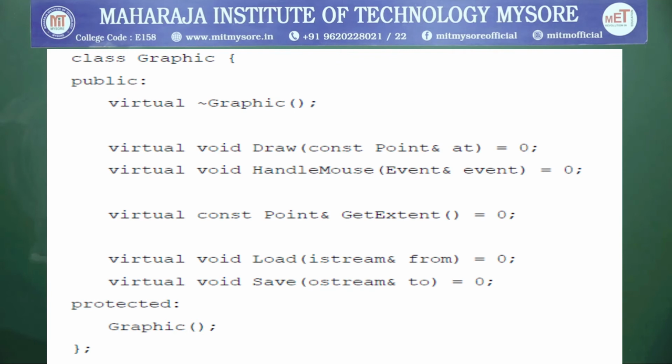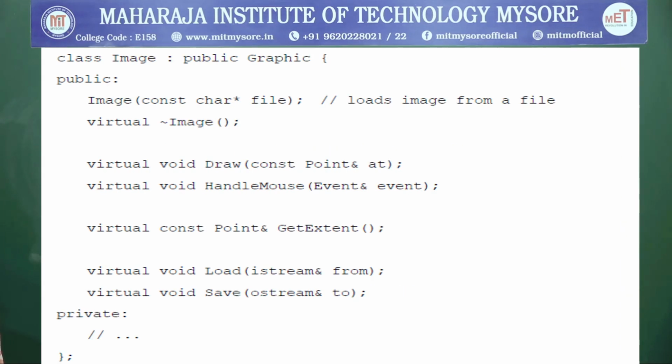You have a class Graphic, within which you have a destructor, Draw method, HandleMouse, GetExtent, and the Load and Save operations, with the C++ istream and ostream, that is input and output streams. The Image class implements the Graphic interface to display images. Image overrides HandleMouse to let users resize the image interactively. We will see that coding now.